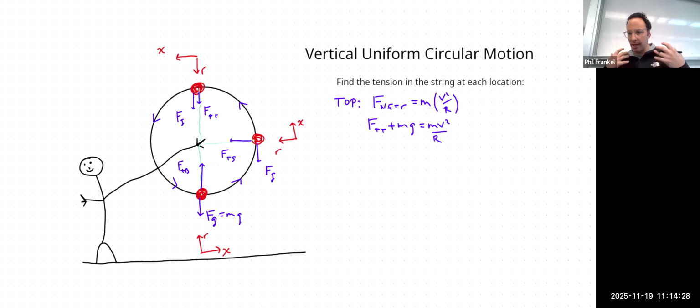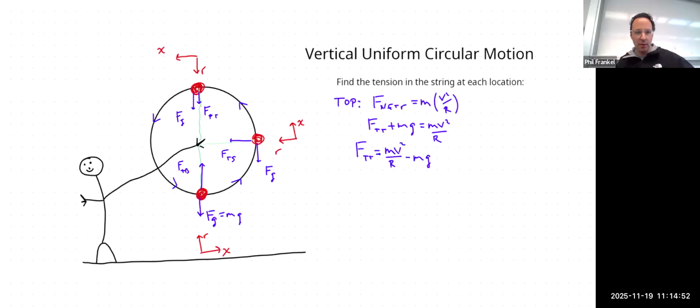It is just the net force to the middle of the circle. All right, solving for the tension force at the top, we get mv squared over r minus mg.